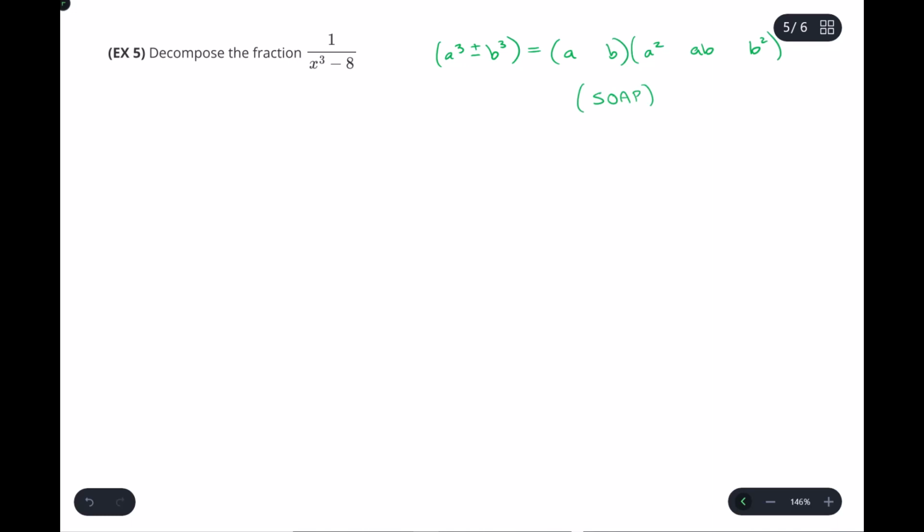Meaning that this sign is the same as what you start with. This sign is the opposite, and this last one is always positive.